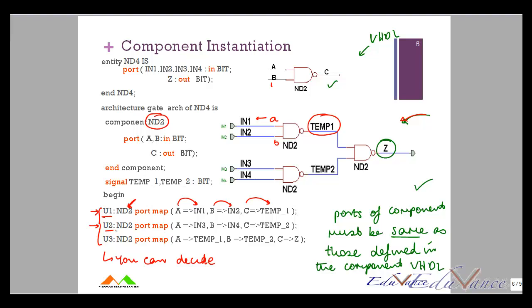Okay, so the second time that I call on ND2, I connect the input A to input 3, the input B to input 4, the output C to temp 2. And now you can understand that the third time that I call ND2, I give A to temp 1, I give B to temp 2, and I give C to Z, and then you would have your end architecture.